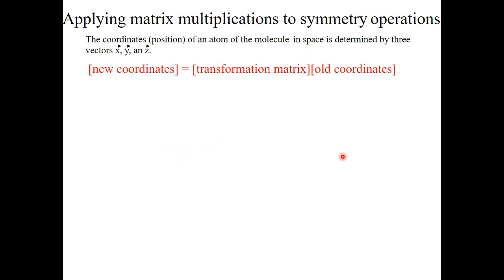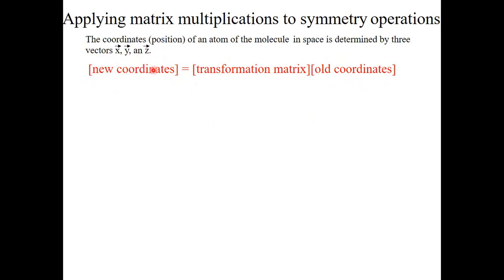Now, what does that all have to do with symmetry operations, and why can we describe symmetry operations as matrices? Essentially because symmetry operations transform coordinates, and coordinates can be described as matrices. So basically what a symmetry operation does is it transforms the matrix describing old coordinates into new coordinates.